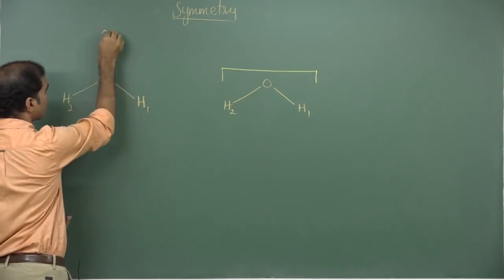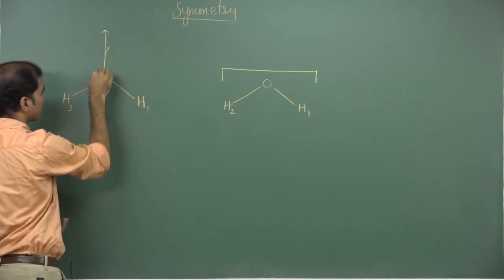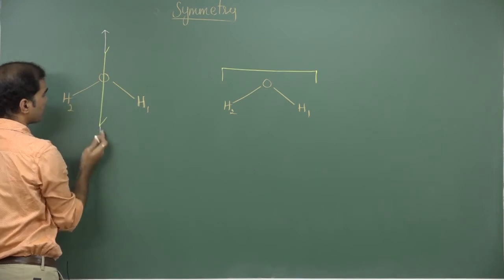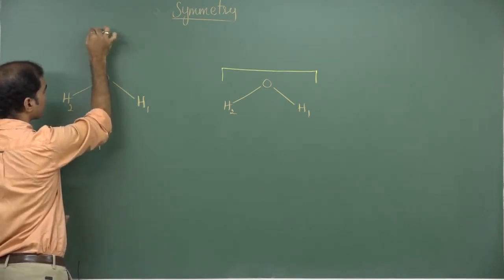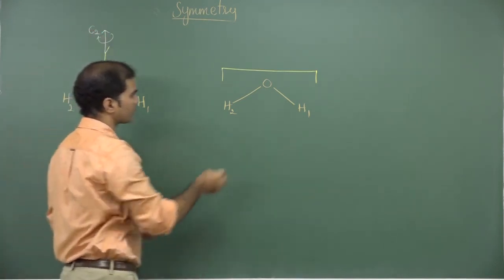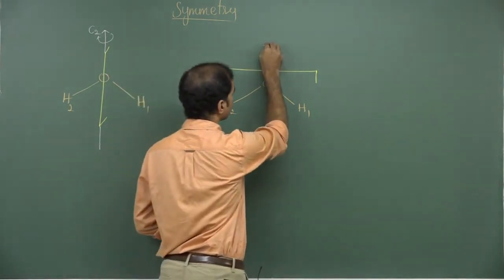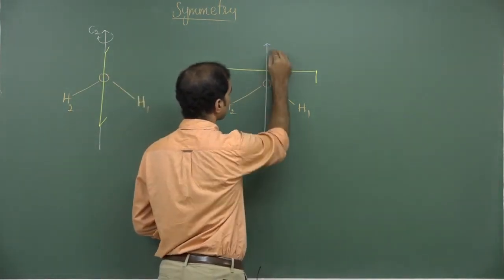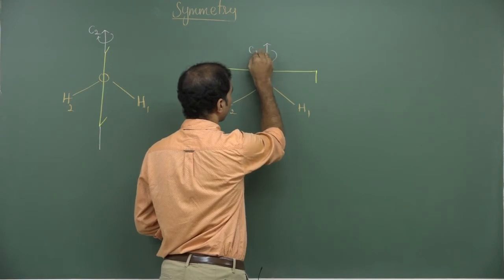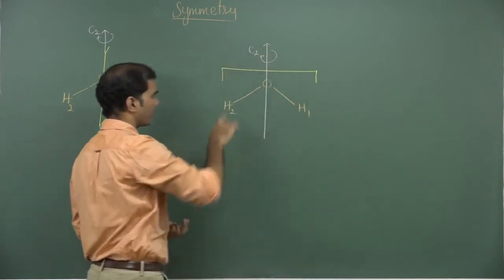There is only one axis which we are calling a principal axis. This is the principal axis. By convention, we are taking a clockwise rotation.